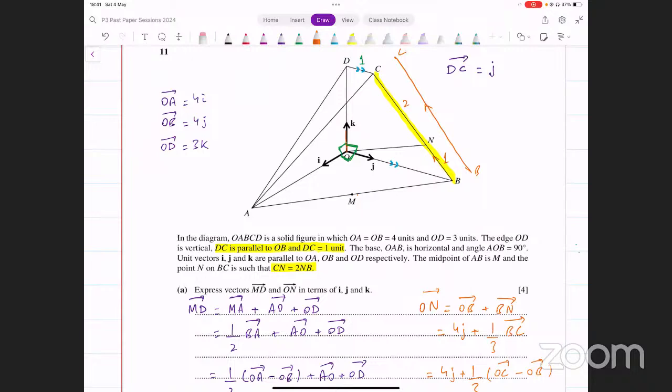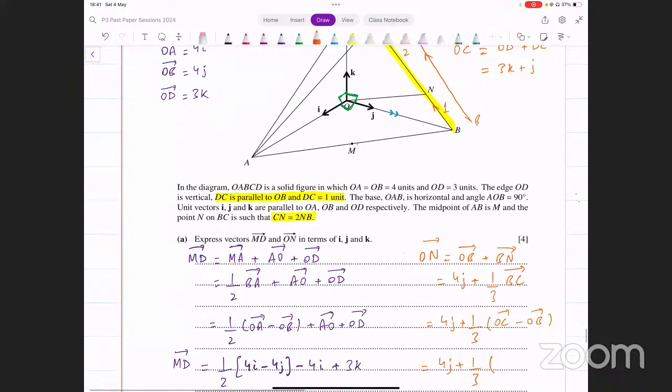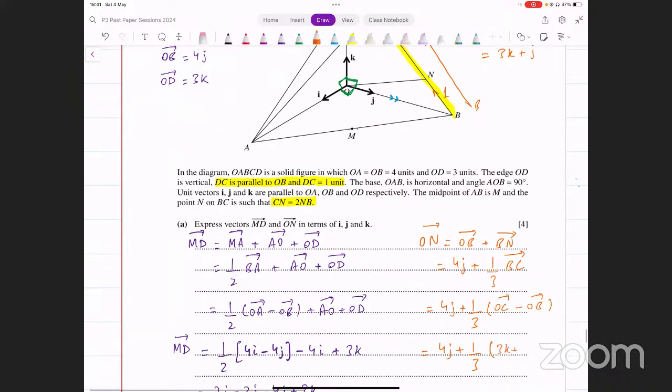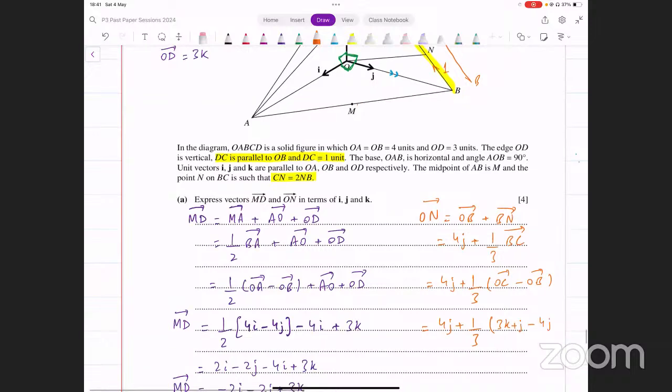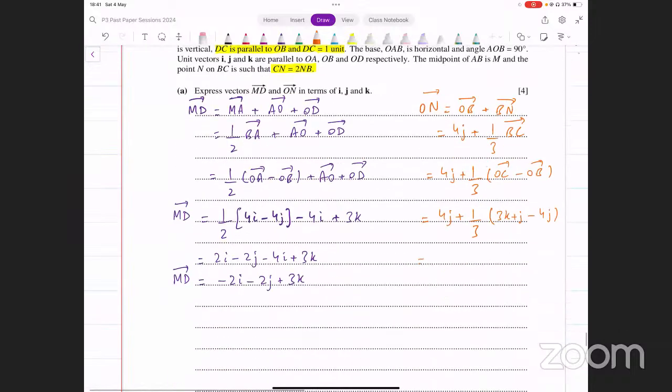You can go from O to D and then from D to C. Let's write that down here. OC vector is OD plus DC. We know both of them. OD is 3k and DC is j. So OC is 3k plus j. Let's put that here. 3k plus j minus OB. What's OB? OB is 4 times j. Subtract that here. And that's going to give you the vector ON.